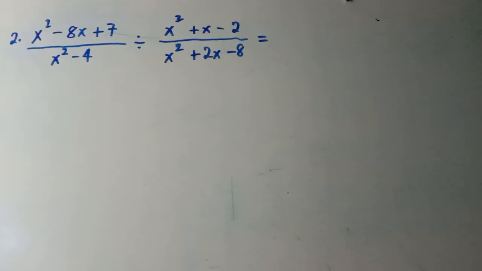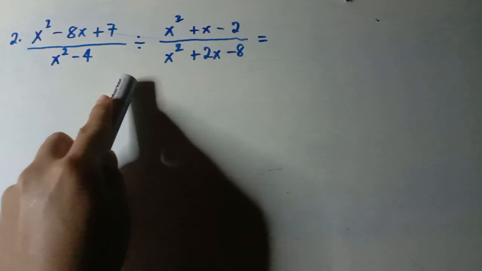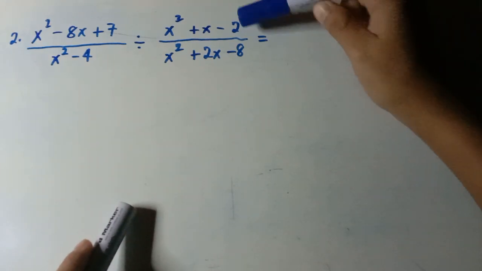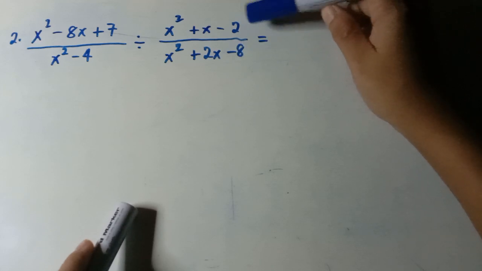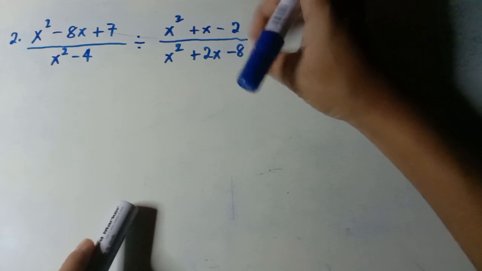So we have here example number 2. Our operation is division. So the first step that we will do is to get the reciprocal of the divisor. So ato aning is we will get the reciprocal of this one.